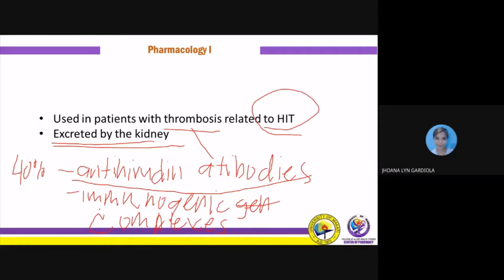And these immunogenic complexes may delay the renal excretion of lepirudin and can cause drug accumulations.